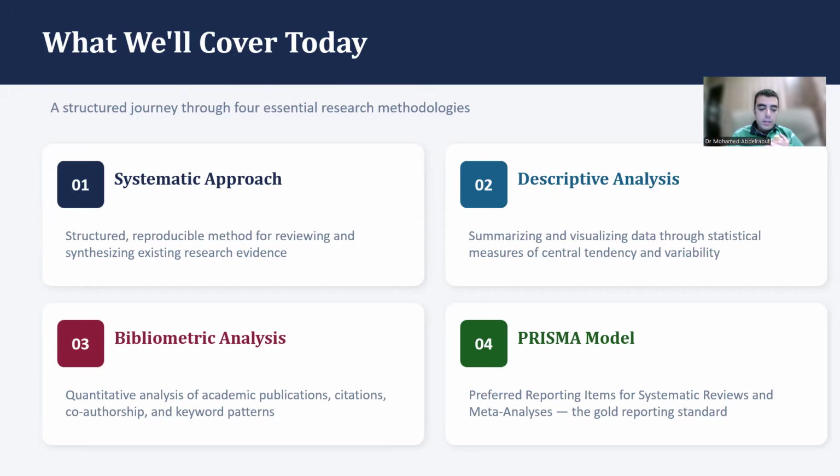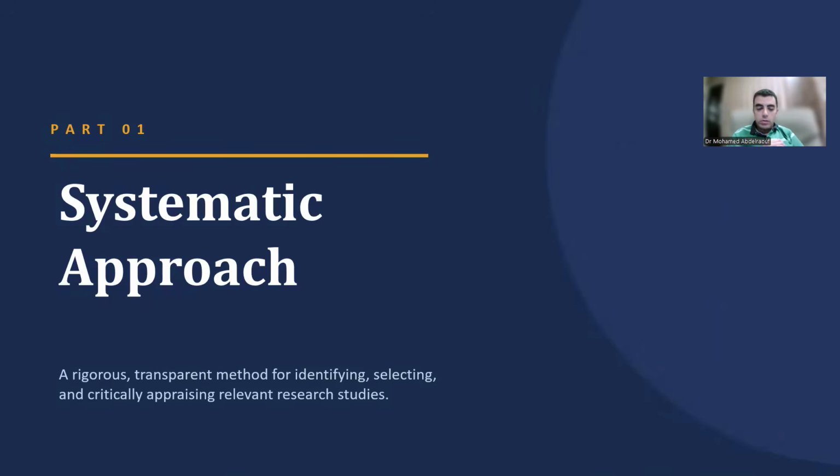And bibliometric analysis, using quantitative analysis of academic publications, citations, co-authorship, keywords and patterns, and screening all these things using the PRISMA model, which shows how we extract these papers, how many papers we concluded with, what papers were excluded, what keywords we used for the papers that we need to find, select and download via Excel sheets, and what are the right websites for the search engine.